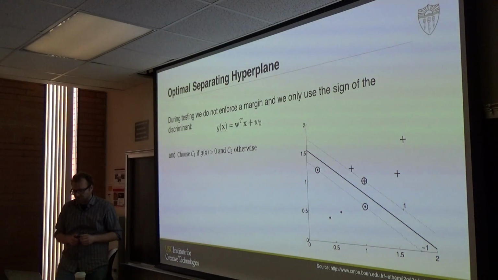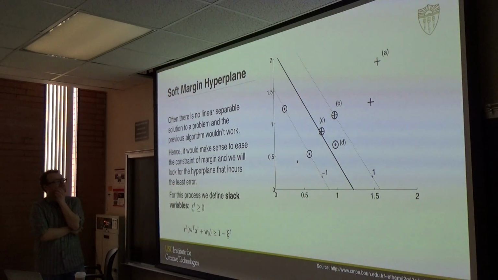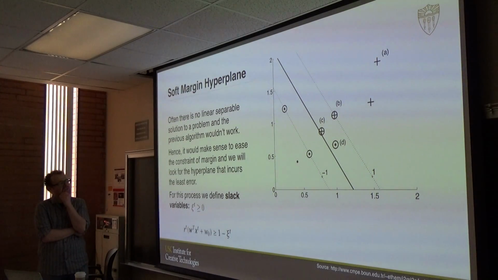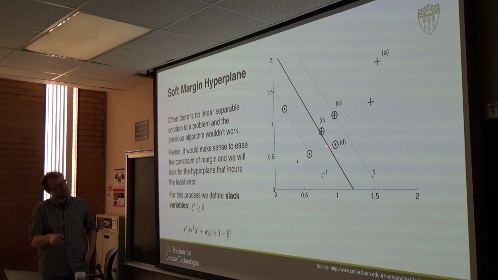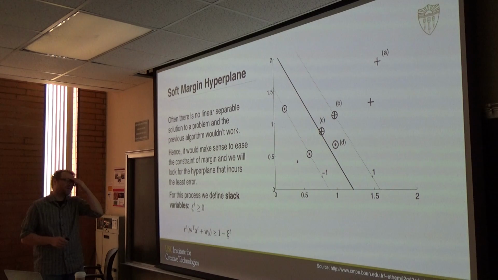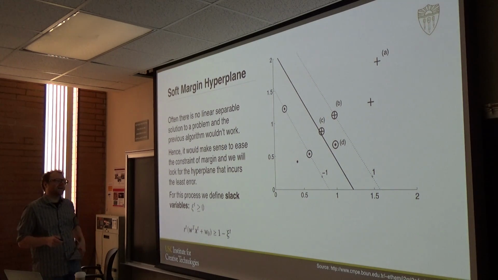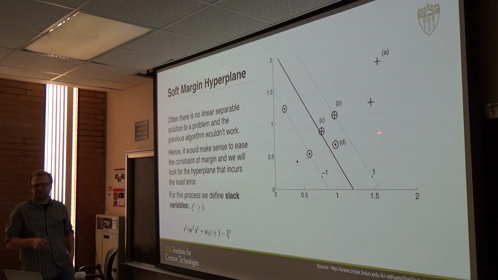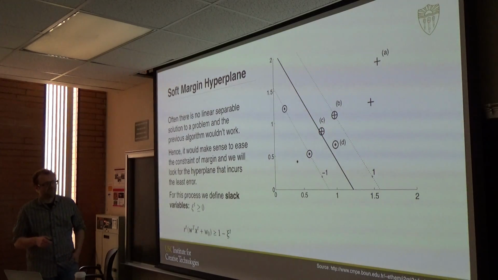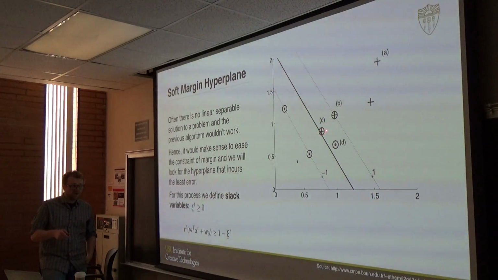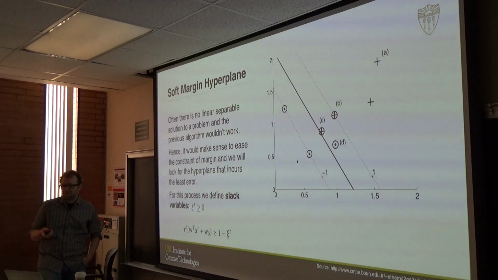Okay, so I'd like to now introduce a little bit of a different problem. Here we now have a non-linearly separable problem where we have these two additional data points. D is on the wrong side of the hyperplane, and in this case C is actually within the margin, which is not allowed, right?